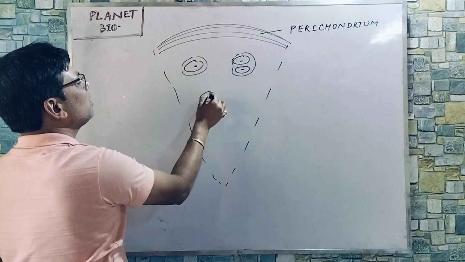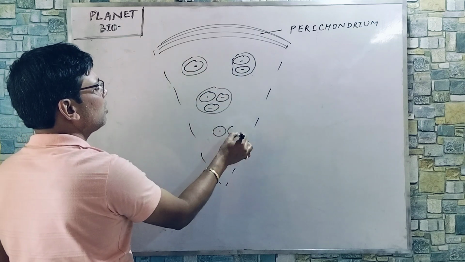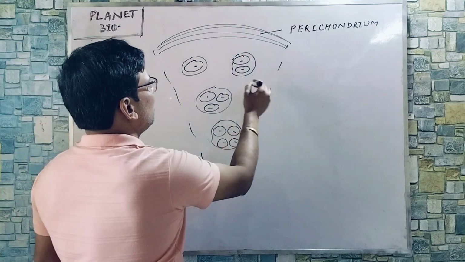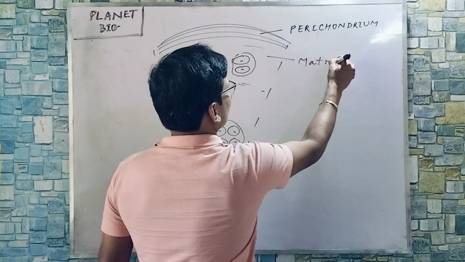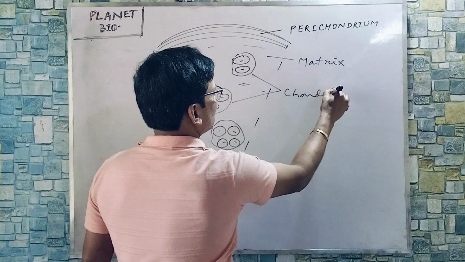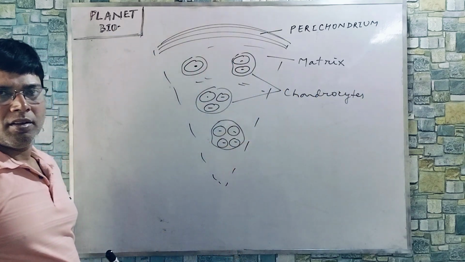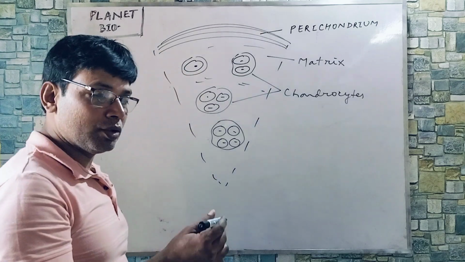And maybe three in this fashion, or maybe four in number. The matrix is scattered, the matrix, chondrine, and the cells are there, chondrocytes, scattered, not arranged in concentric rings, what we find in the section of bone.